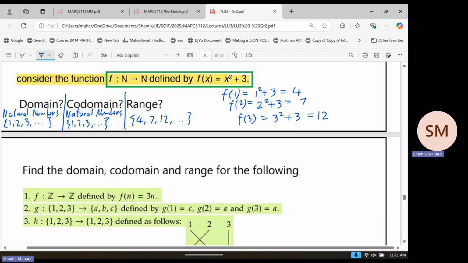And the inputs are here, the domain. Hopefully this example shows clearly the difference between codomain and range. Similar idea, but different sets. The codomain is all the allowed outputs, but the range is the actual outputs from the function.